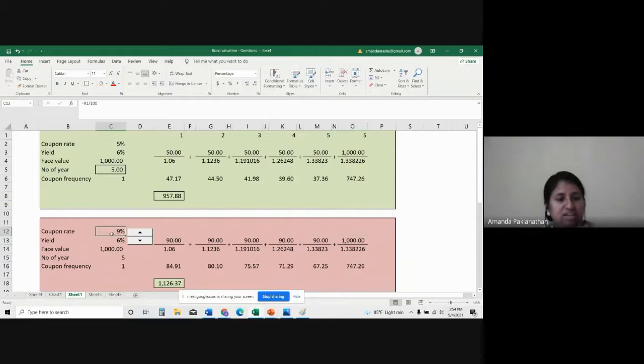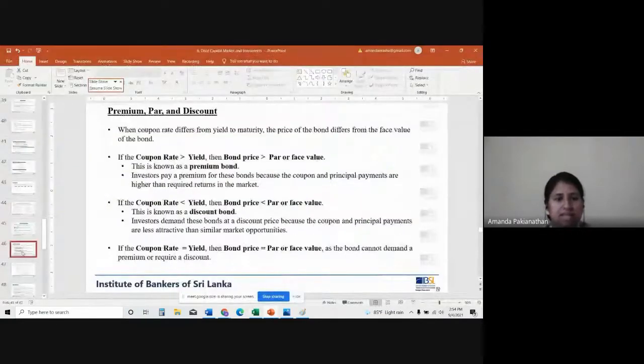Now, the difference between this coupon and yield will get you 3 types of bonds: premium bonds, par bonds, and discount bonds. To know whether a bond is a premium bond, a par bond, or a discount bond, you have to compare 2 things. What are you going to compare?